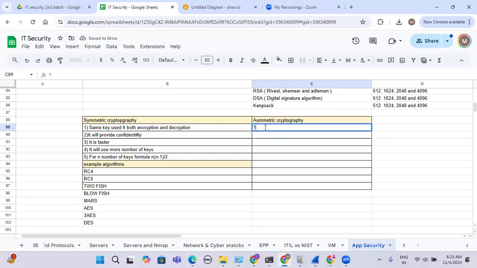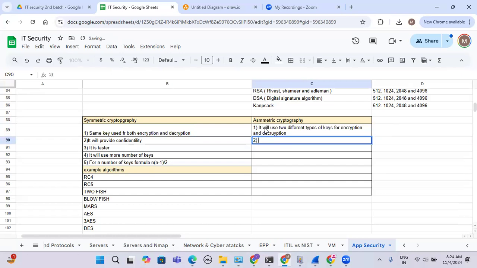Here, first point, it uses two different types of keys for encryption and decryption. And here it provides confidentiality, authenticity of the end user, and integrity, because we are using an SSL/TLS certificate with a digital signature algorithm.